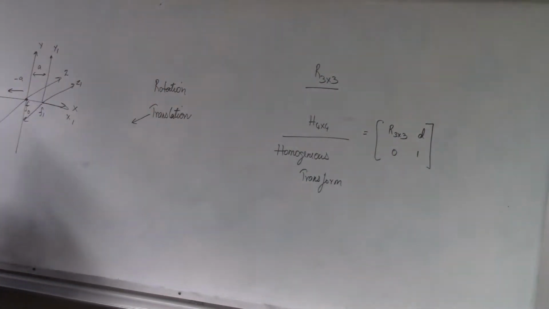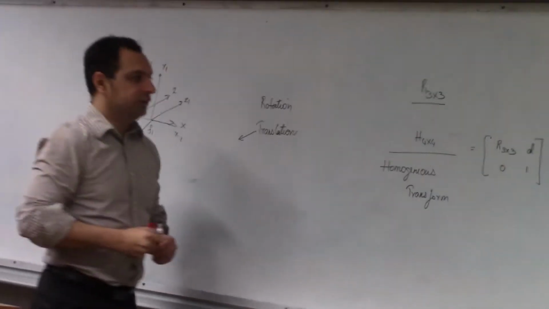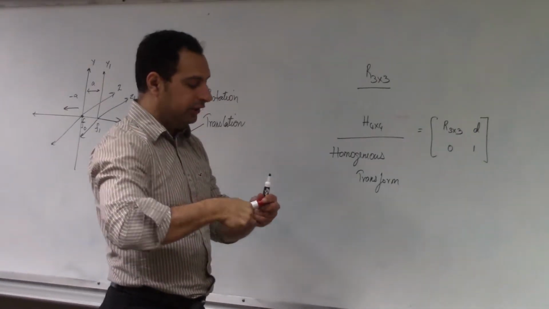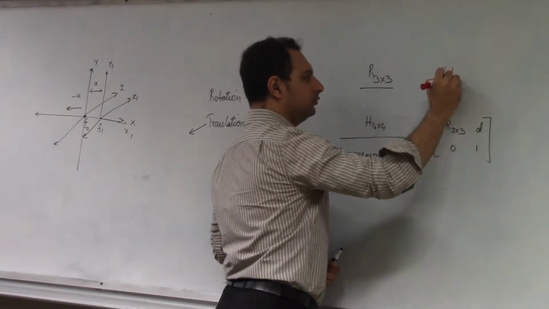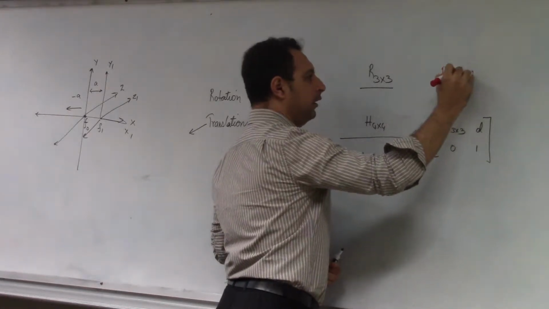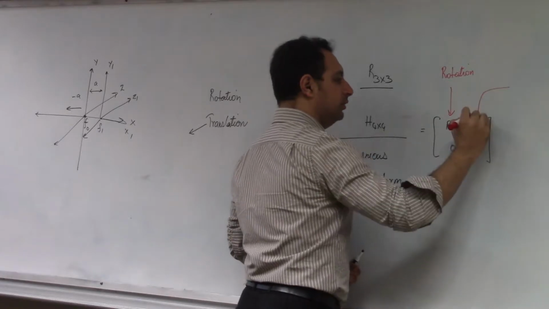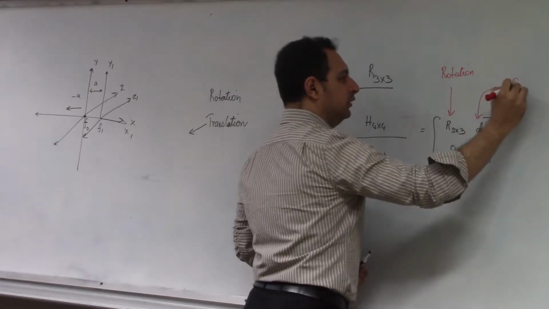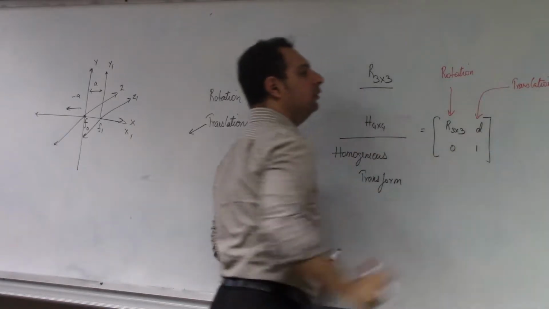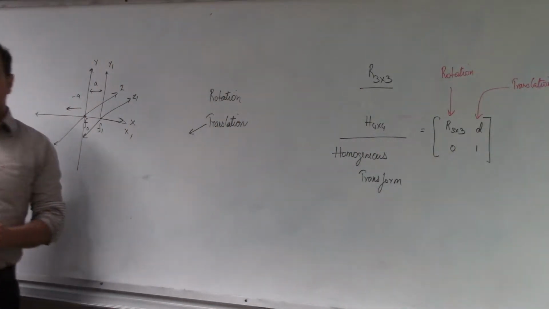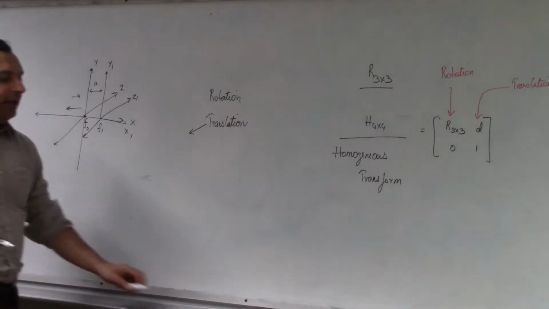What it means is you have your frame rotation defined here. This is your rotation. And any translation that happens is also defined here. You have a frame rotation and frame translation encompassed together.